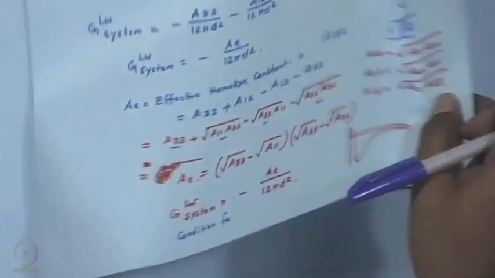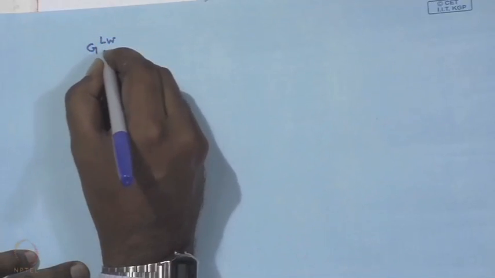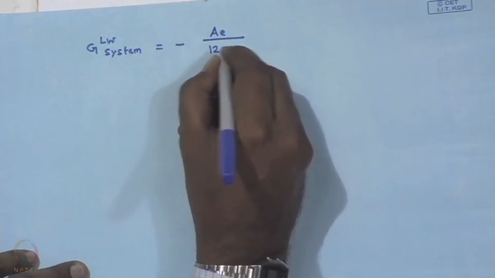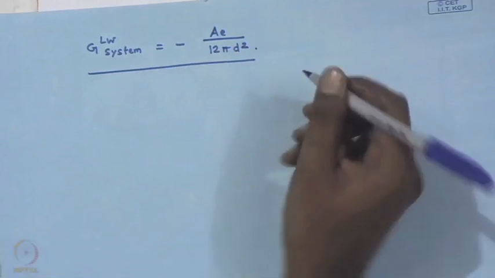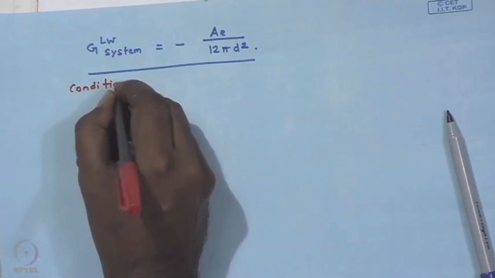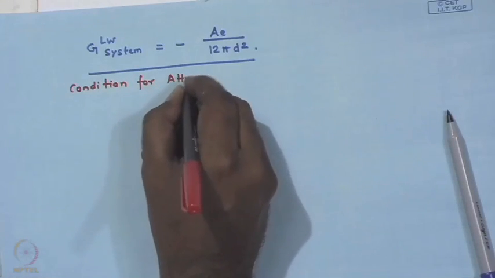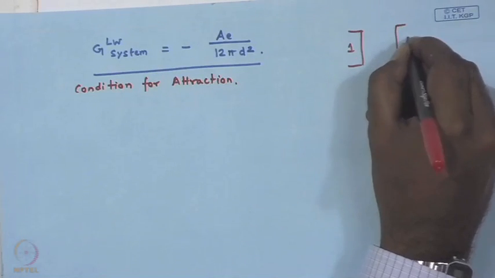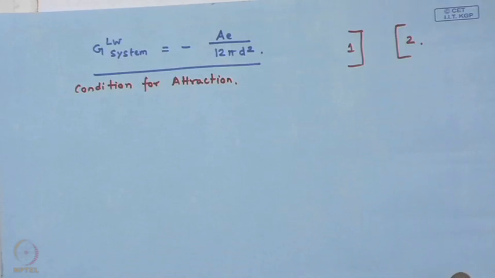Okay. So, if we write down the condition for attraction between 1 and 2, we had argued that since the interaction is based on van der Waals interaction, in air the interaction between 1 and 2 will always be attractive.